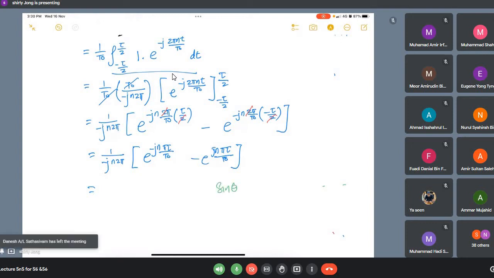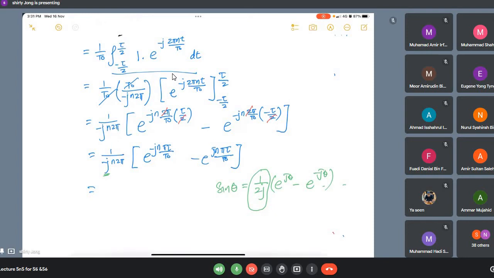Sine theta is equal to 1 over 2j exponent j theta minus exponent minus j theta. If you look at this one, for sine theta we are talking about the 1 over 2j. The cos is 1 over 2 only. If you compare with this question, the solution that you obtained just now has the j. So this gives the hint that you have to choose the sine instead of the cos.